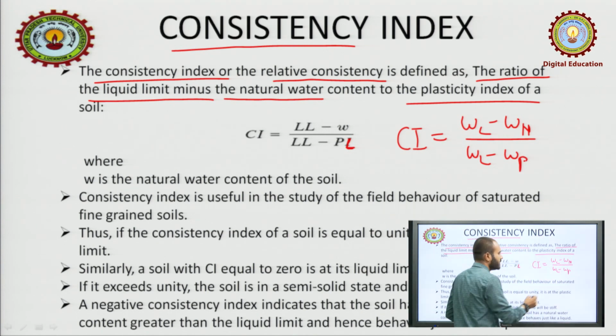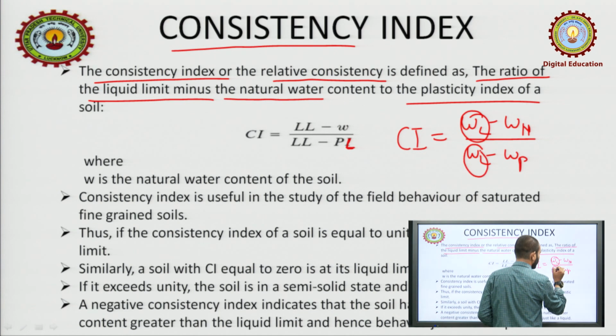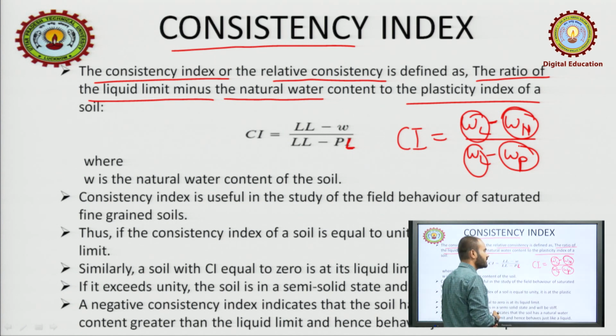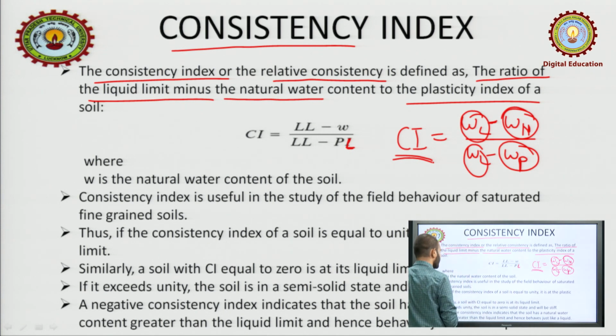What are these? WL is the liquid limit. WN is the water content in natural condition, so I have written it N. And WP is the plastic limit. So the ratio of these will give you the consistency index.